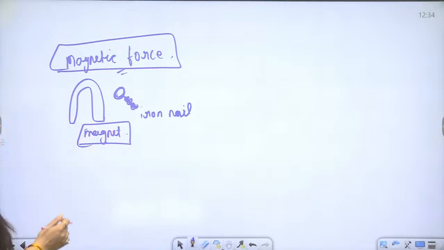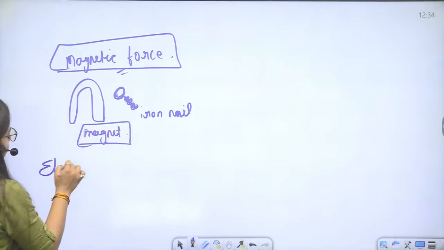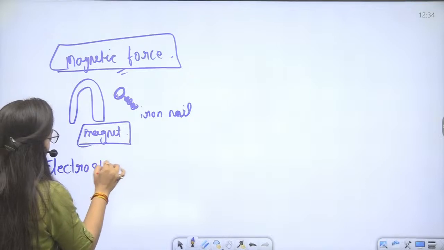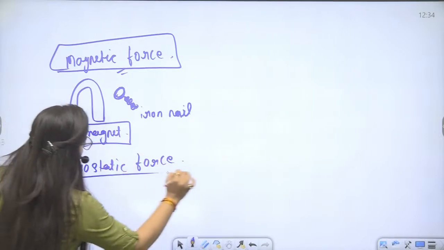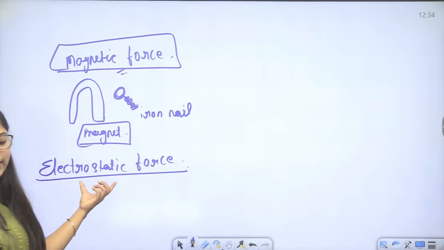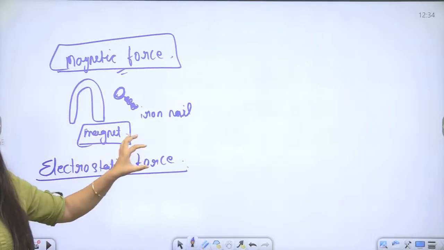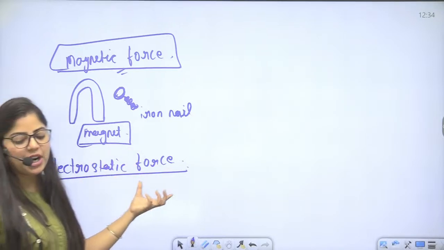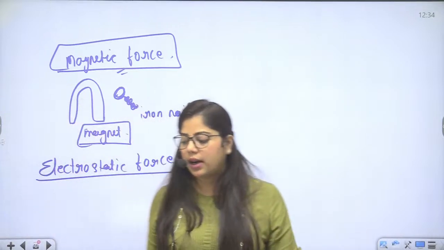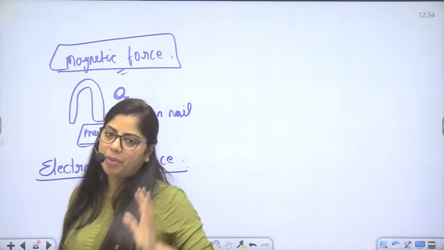Clear? Now, electrostatic force. How do we understand this? When a plastic comb is rubbed in dry hair, then the electrically charged comb attracts a tiny piece of paper.